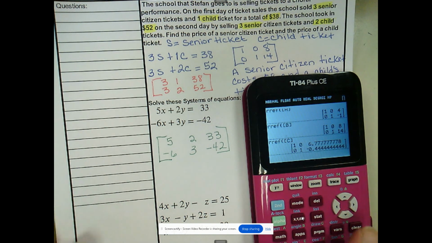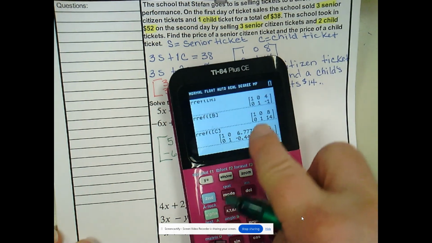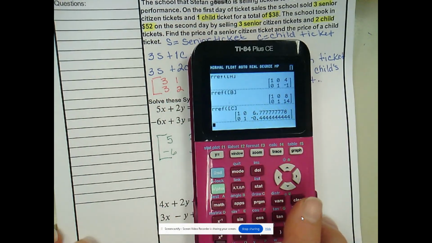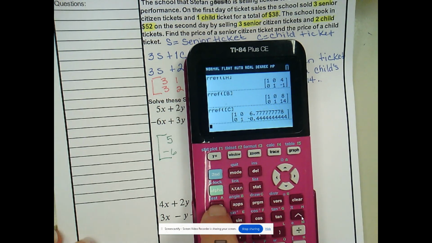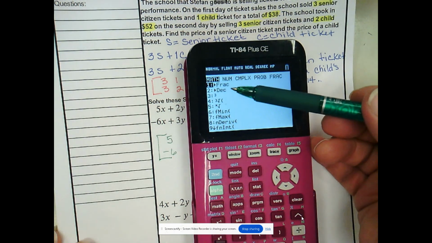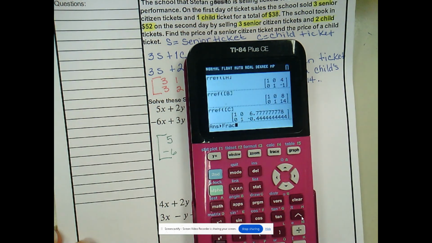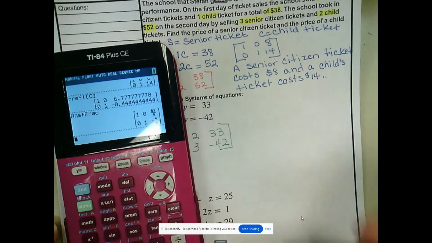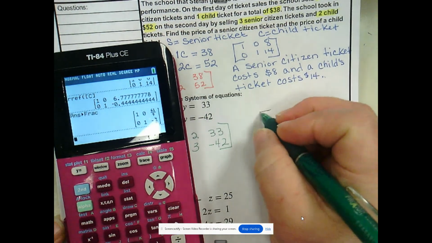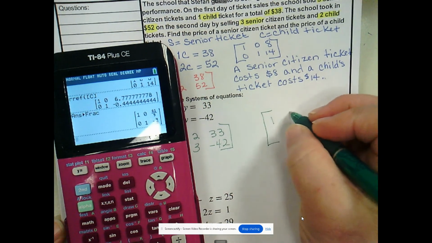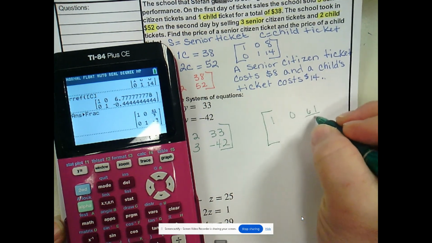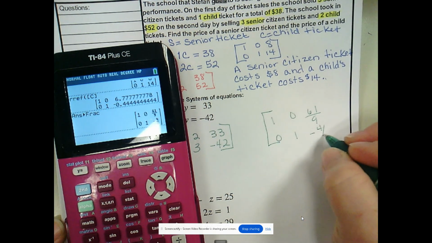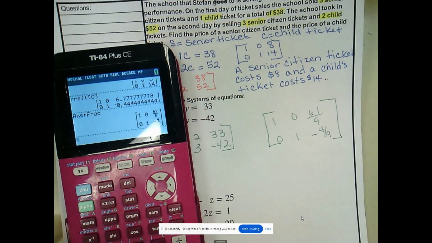Now, those are some really nasty looking numbers there. So what I'm going to do is to change it into fractions. So I'm going to go to my math button. It's already changing it into a fraction. I hit enter again, and there it is. 61/9 is that fraction. 4/9 is the other fraction.